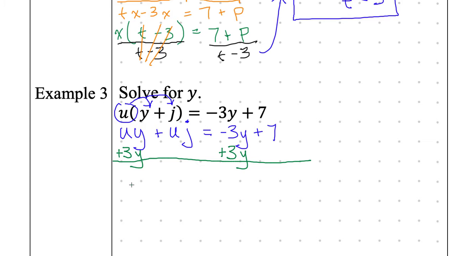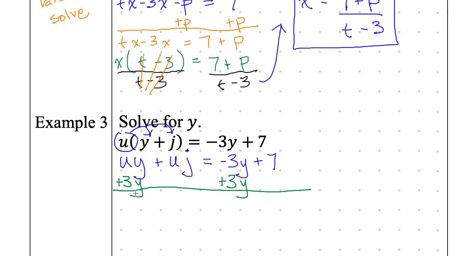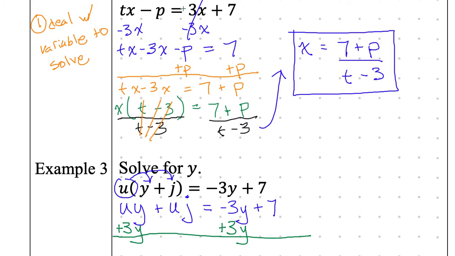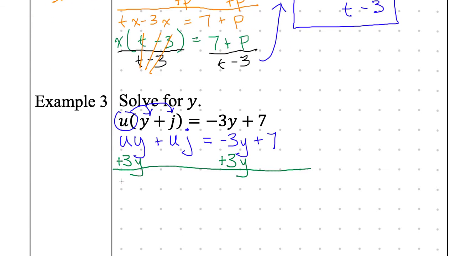You can look back at example 2 for reference. It's going to be very similar. This is uy plus uj. Don't forget the thing that you just added. Write it down. uy and uj are still there.